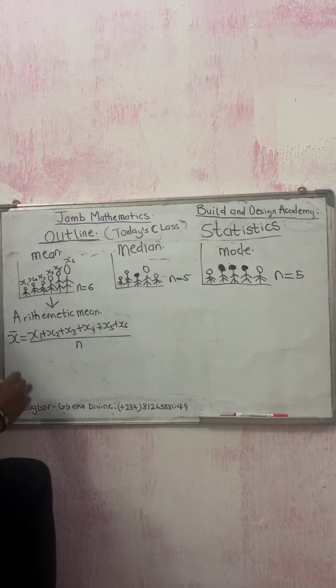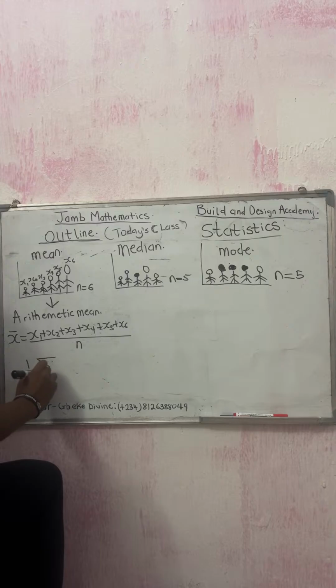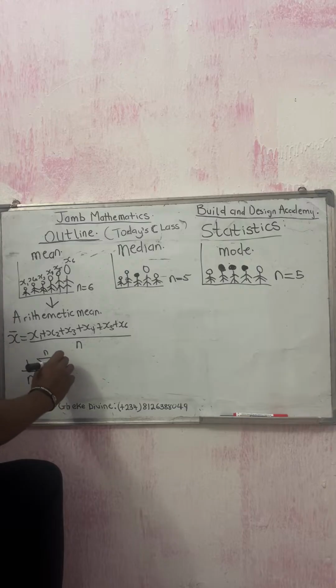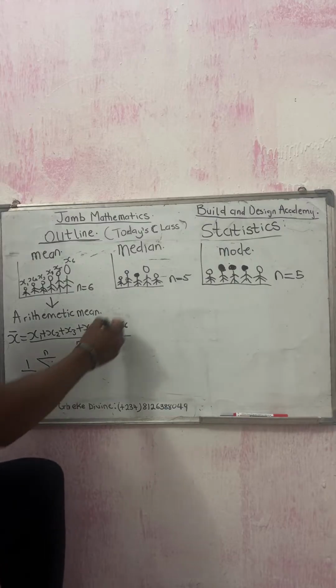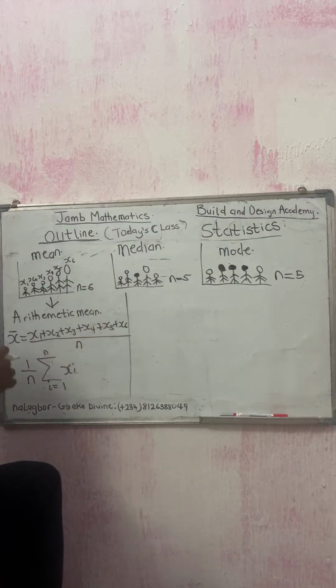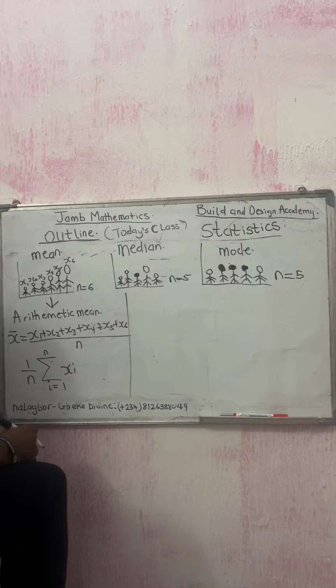You can also write it as 1 over n sigma from i equals 1 to n of xi. This is another way we write it. So this is for mean.